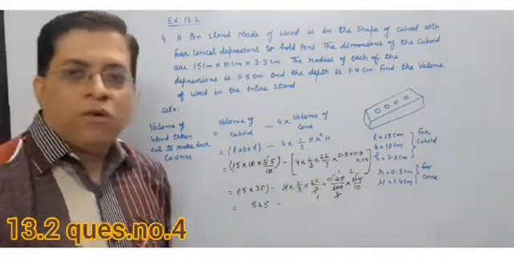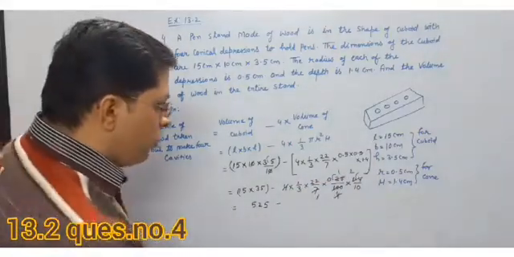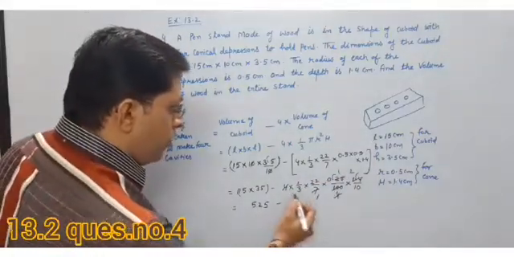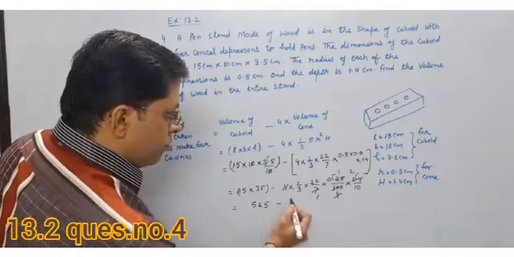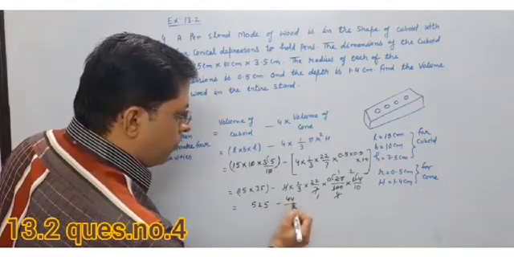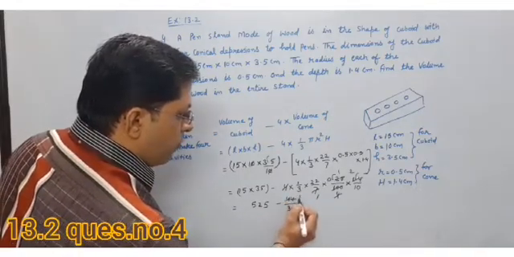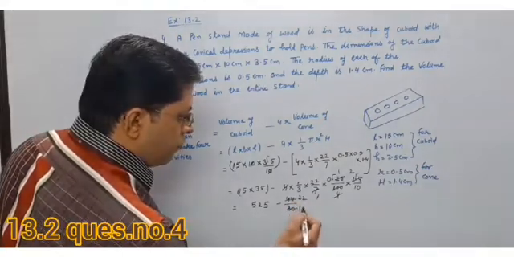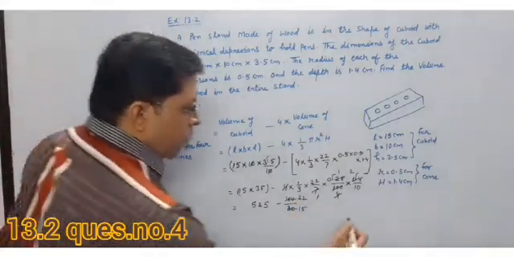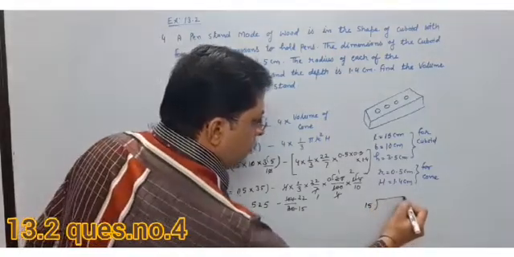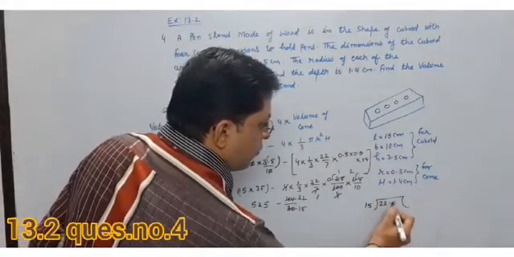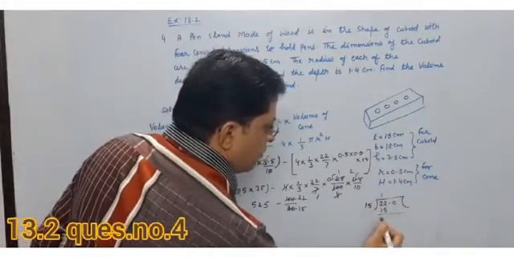22 2 are 44. 44 upon 30. If I cut, 22 upon 15. If 22 upon 15, what will it be? Let me see. 15 1 15.